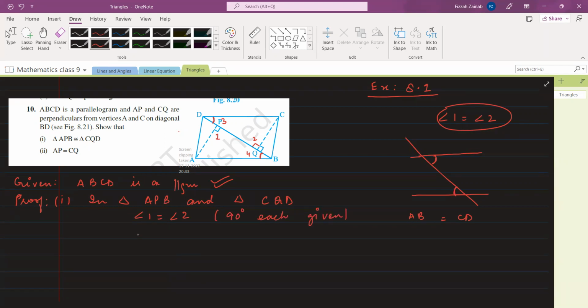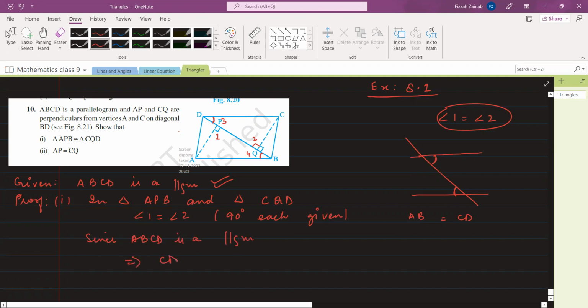Now since ABCD is a parallelogram, CD is parallel to AB, and this implies angle 3 is equal to angle 4, which are alternate interior angles.